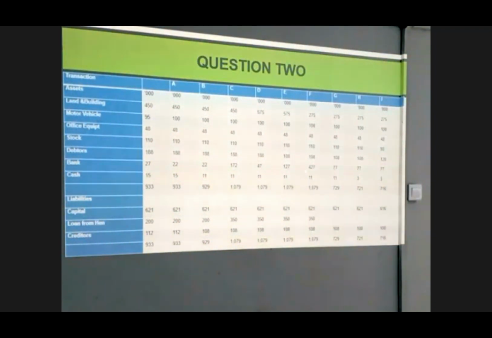Bank has gone up. Cash? No. Capital? No. Loan? No. Creditors? No. So what are the two accounts involved in this particular transaction? Bank and land and building.